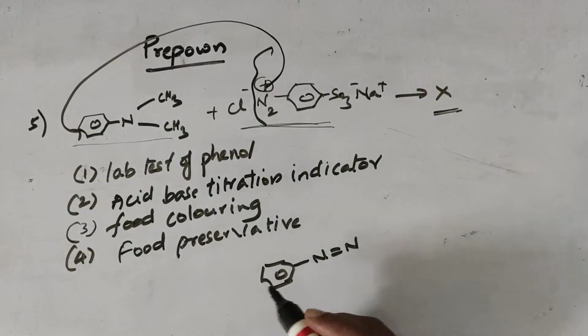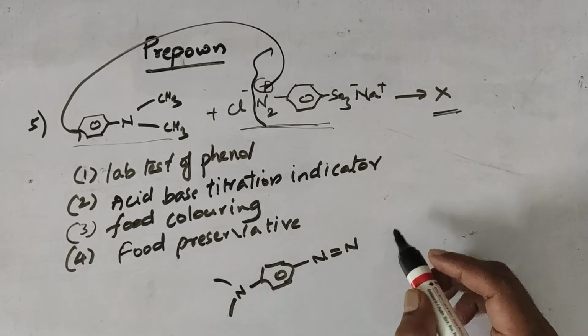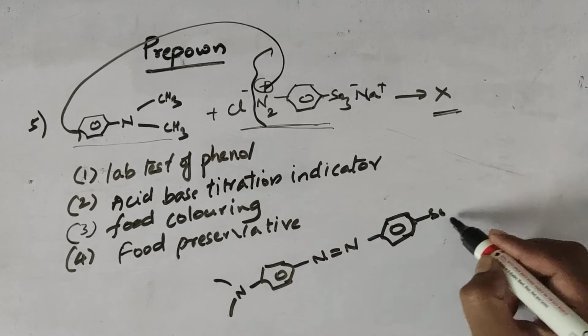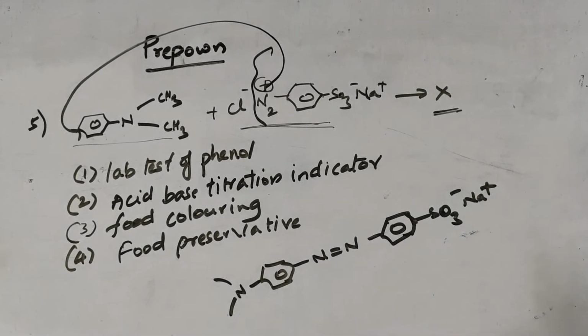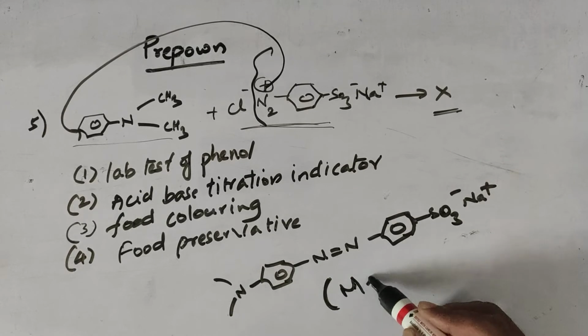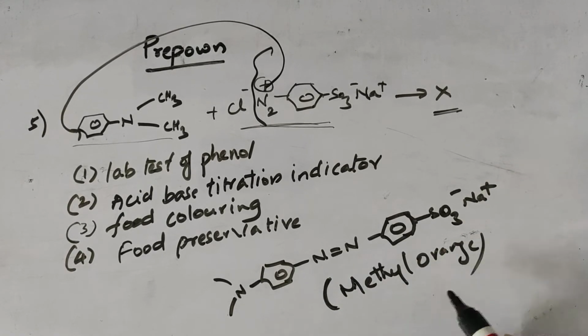So this nitrogen has the methyl groups CH3 and CH3, followed by the SO3 minus and Na plus. So this is the compound that is produced, but some students definitely find it difficult to identify this compound. This compound is methyl orange. So once you know this is methyl orange, you will be able to do the question easily. Methyl orange is an acid-base indicator. That's the compound.